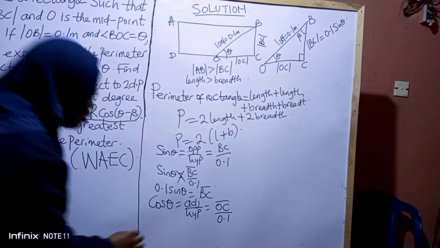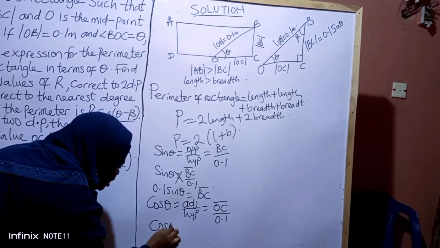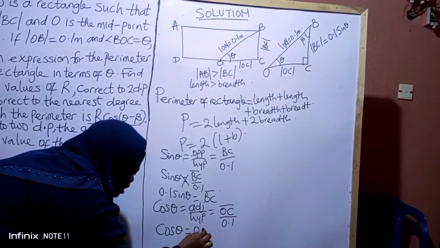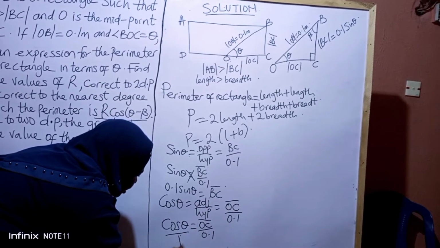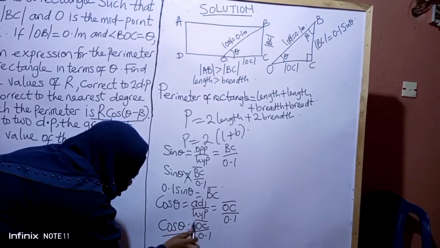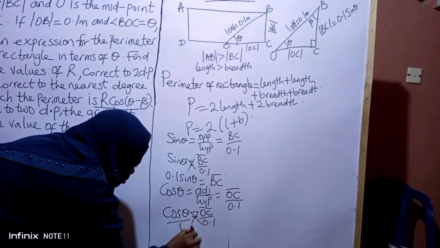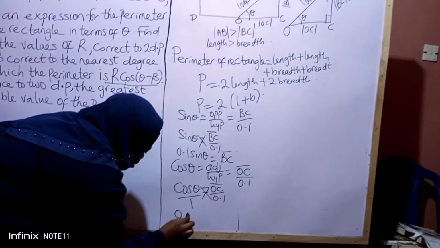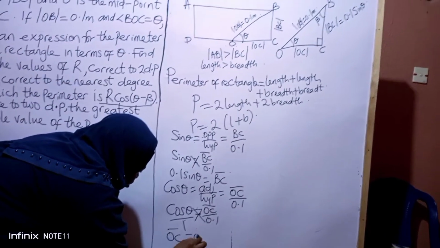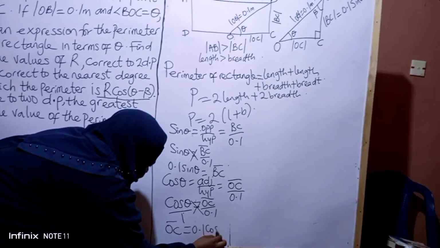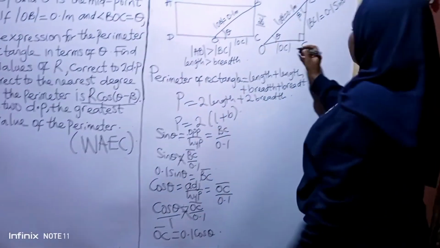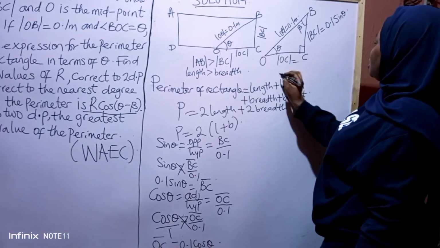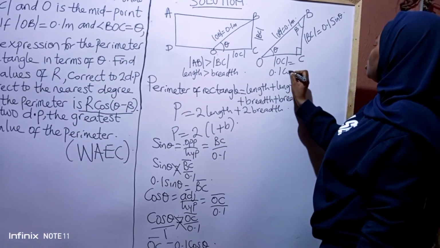So from here, cos theta is equal to OC divided by 0.1. Let's cross multiply. Cross multiplication gives line OC equal to 0.1 cos theta.